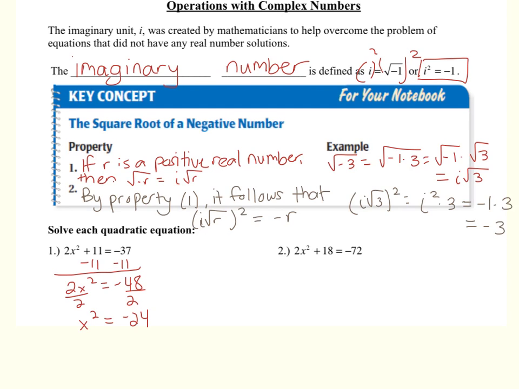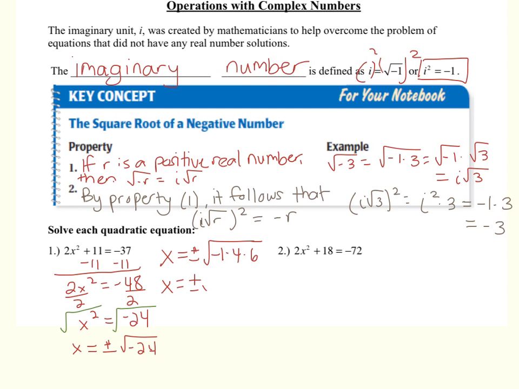So now I need to square root both sides to determine what x equals. So we would get x equals plus or minus the square root of negative 24. But I gotta break that down because I can't leave a negative under my square root and I can't leave any perfect squares inside. And I know that 4 is a factor of 24. So I'm going to break negative 24 down into negative 1 times 4 times 6.